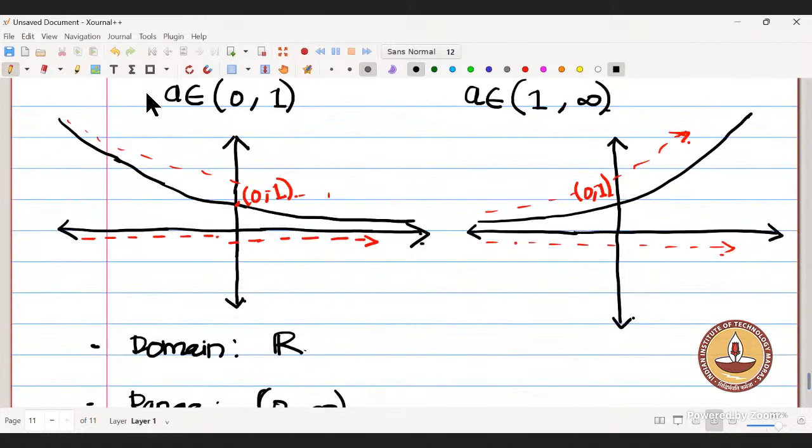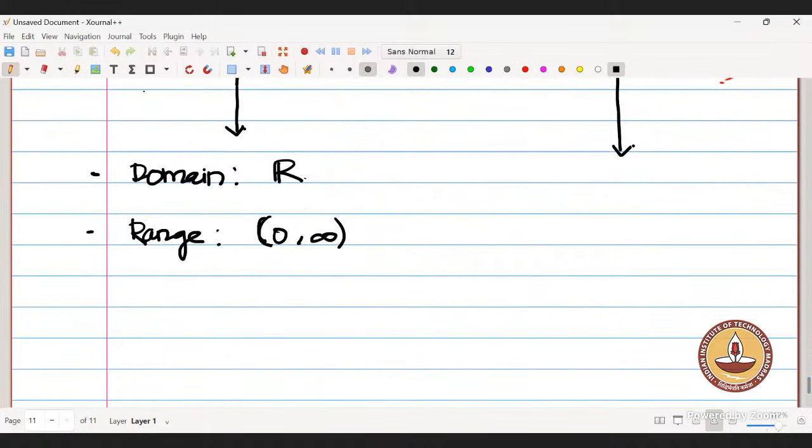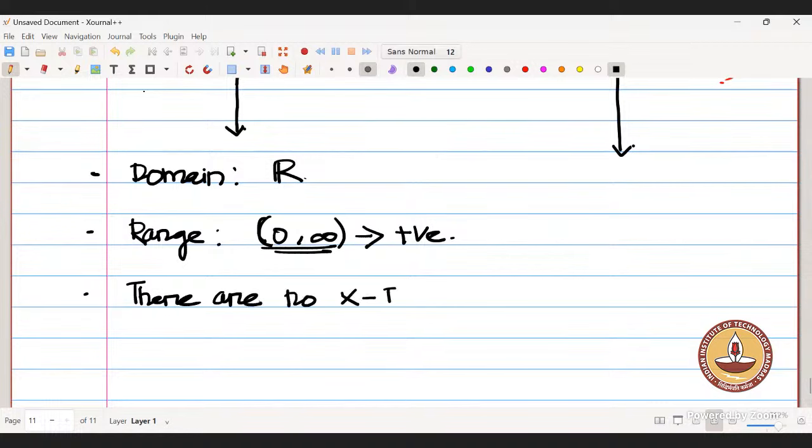And also this is always above the x-axis, so that means the value is positive. From here, you can say that the value of the function is always positive, right? The next thing, as I said already, is there is no x-intercept.